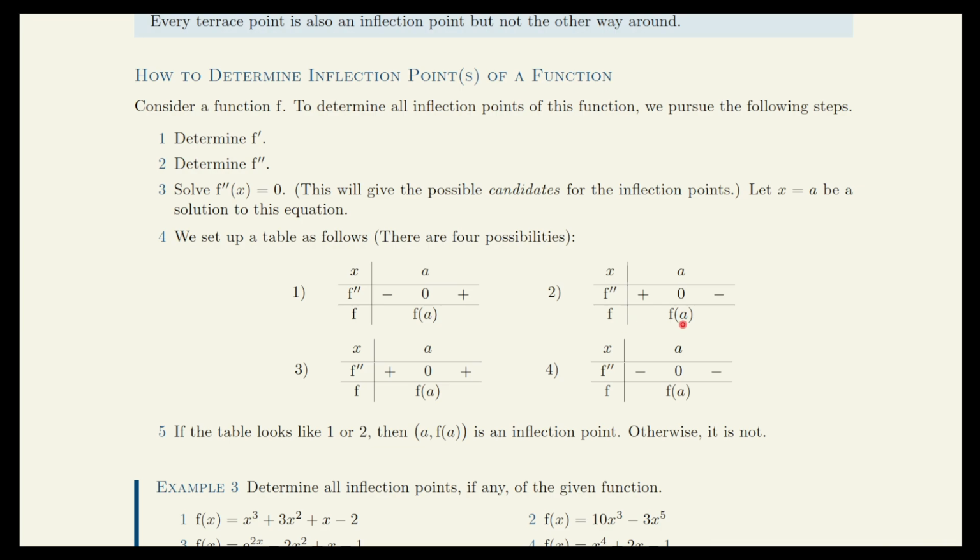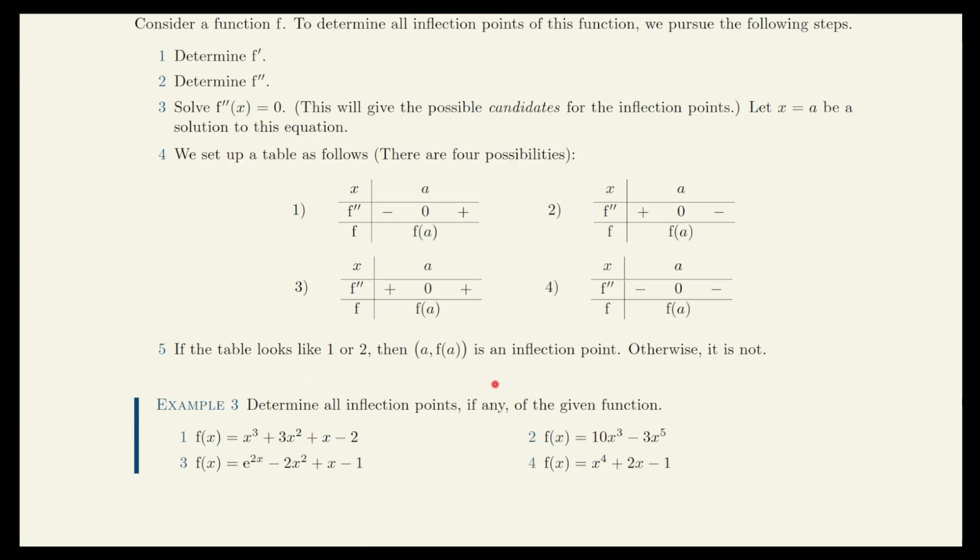The same explanation for the last item. So there are 4 possibilities. If this or that happens, that candidate is a real inflection point. In the other 2 scenarios, it is not an inflection point. So that is the recipe that you need to know. It's very simple, by the way.